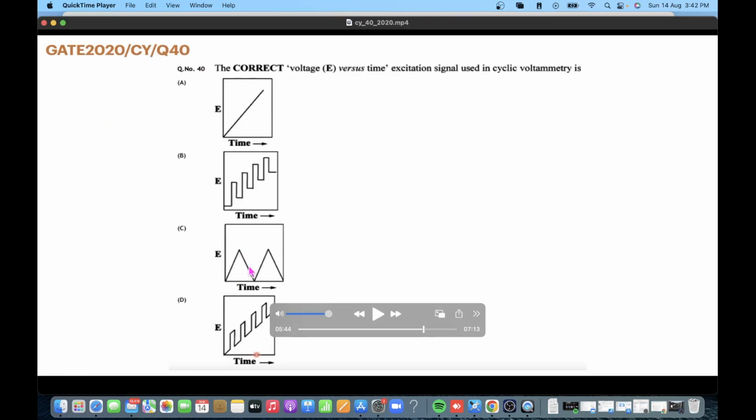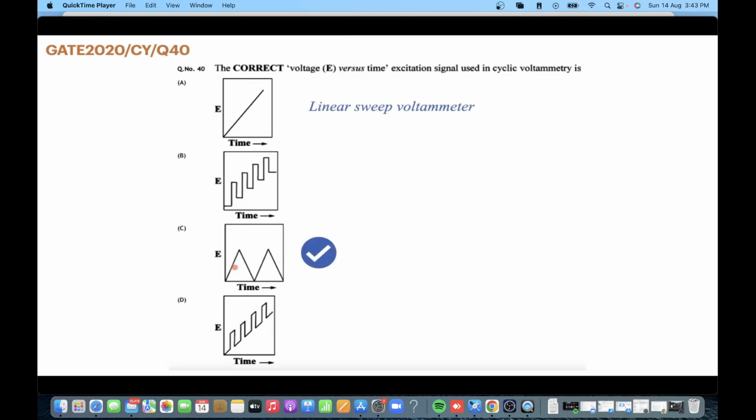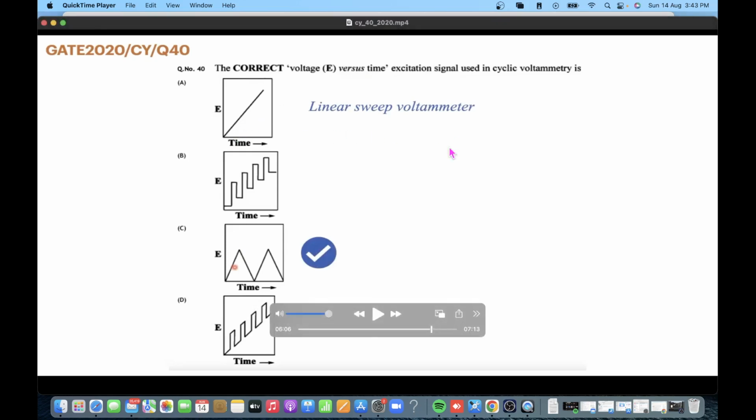It has a minimum of 2 segments, and this is my correct answer for this particular question. But also, just to get you a little more familiar, this particular E versus time plot is for linear sweep voltammetry. Here it is just increasing linearly and there is no switching potential, so this belongs to linear sweep voltammetry.